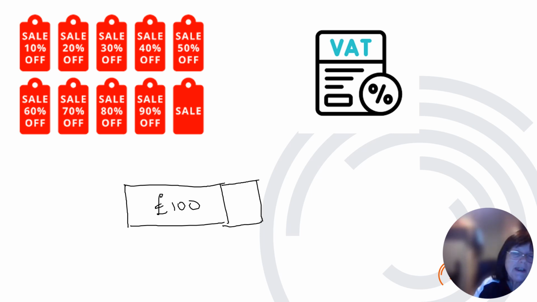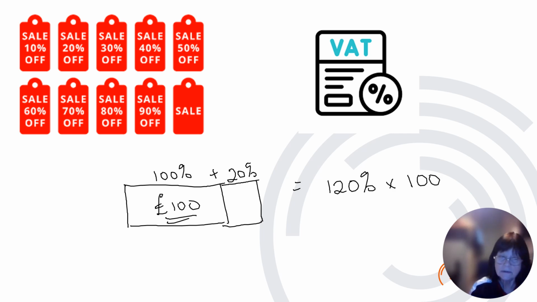What you need to understand is £100 is all of it, or 100% of our money, if you like, or the cost. But then we're going to add 20%. So what we are looking for is 120% of my original amount, which was £100. This will all become clear.